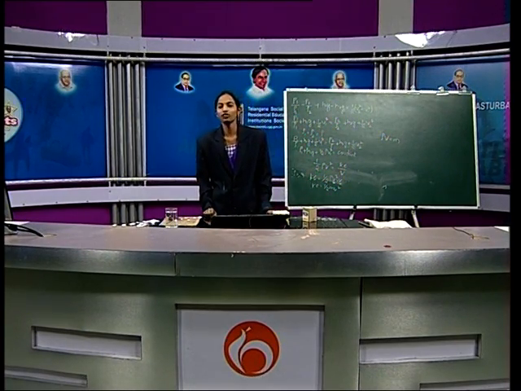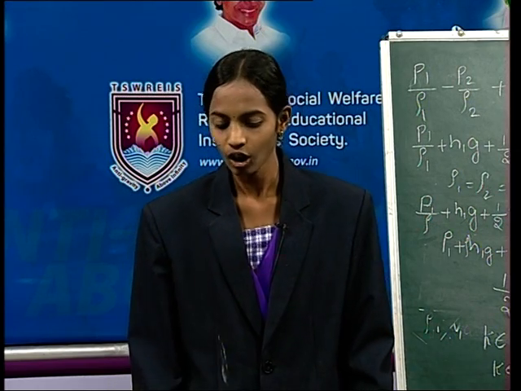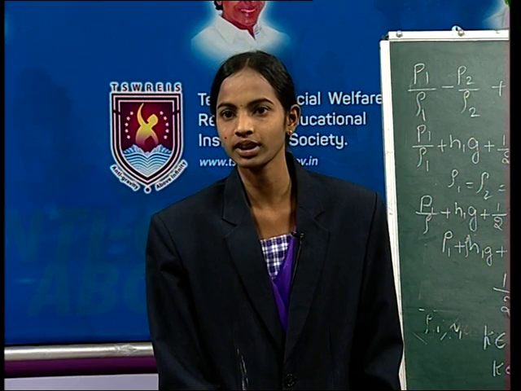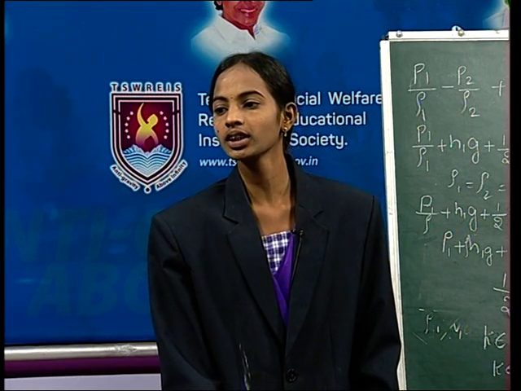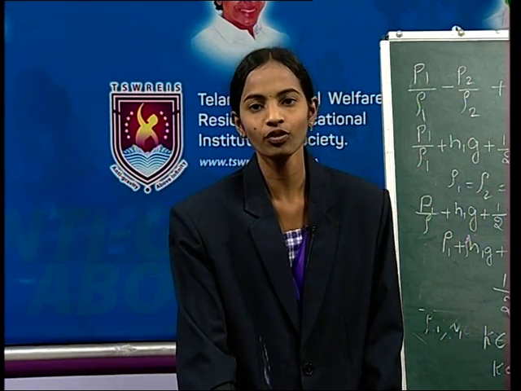Okay, and the 4 marks question is applications, explain the dynamic lift with examples, what we discussed in the previous examples. And these are the 3 questions which may come in exam point of view.